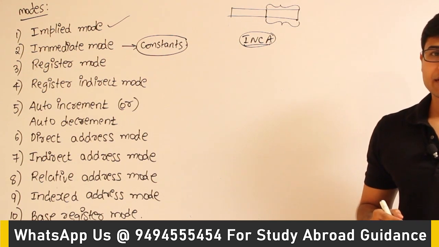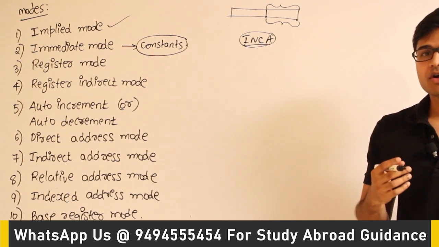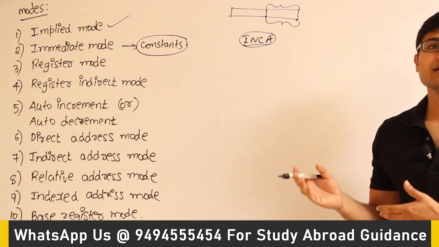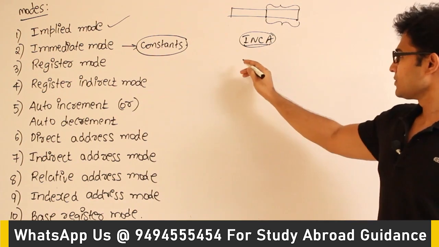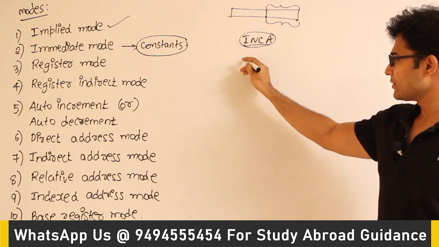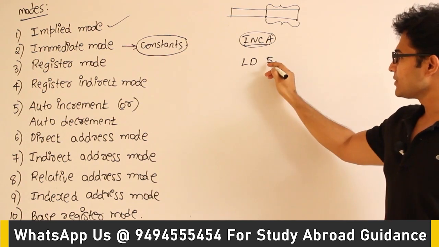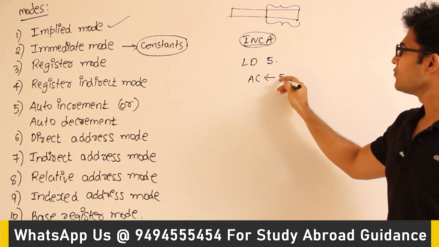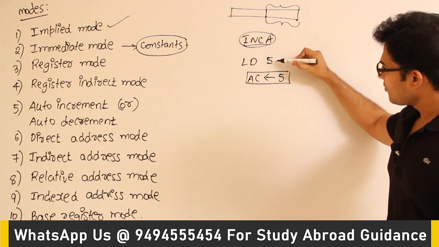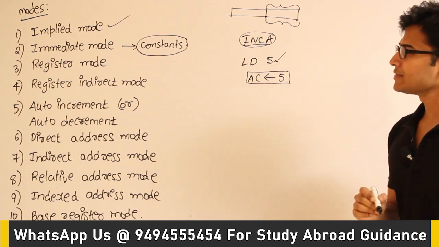For example, you never compute the value of a constant like pi, 3.14, it is already known, so if you don't want to compute it and want to directly give it as input, you better give it as an immediate operand, immediate mode. If you have something like load 5, this means the accumulator should be loaded with the value 5, right? Since the operand is directly provided as a constant, this is called immediate mode.